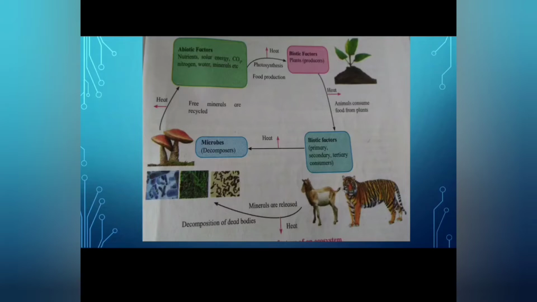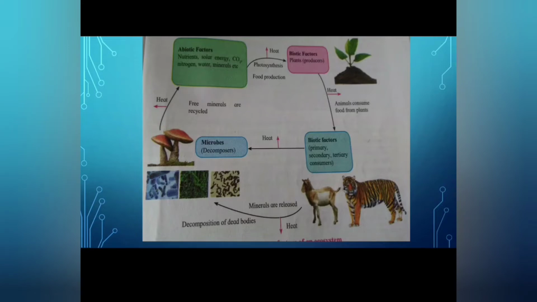These plants are in turn consumed by the primary consumers, that is, herbivores. Herbivores are in turn consumed by secondary consumers and tertiary consumers, the carnivores.